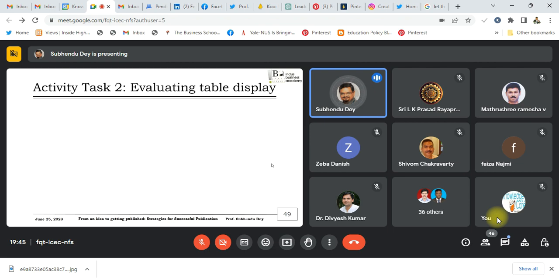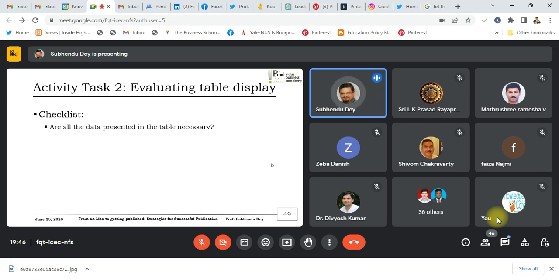If I were to make a checklist, I would say, are all the data presented in the table necessary? Many a time, just now I said that a researcher finds his own research work very simple, very easy. On the contrary, we also tend to put in a lot of unwanted, unnecessary things.